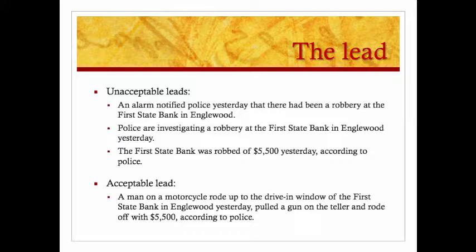It's important in cases like this to attribute where the information is coming from. So according to police has to be there. It doesn't matter the name of the police officer. Again, it's not recognizable, but it does matter that the source is the police versus a hospital or the bank itself. And notice how we pulled the information from the W's and the H that we discussed.